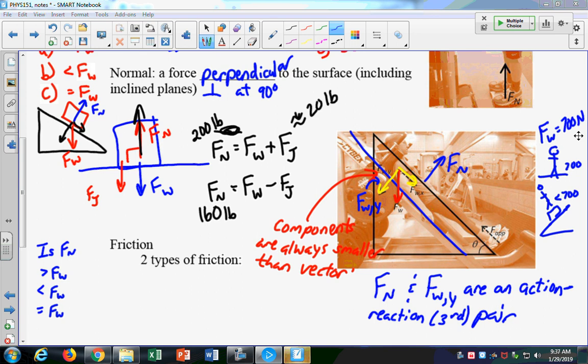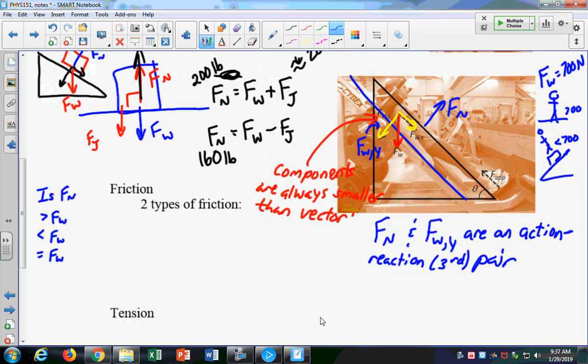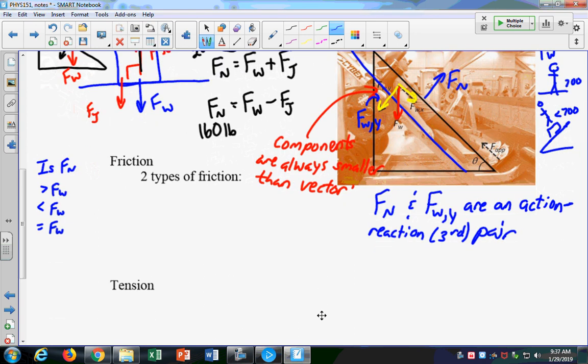Let's look at different types of friction. Your book had a section on different types of friction. There are two types of friction that we'll worry about, and that is static and kinetic. You can probably tell from the words that one is related to two objects that are not moving, and one is related to two objects that are moving.